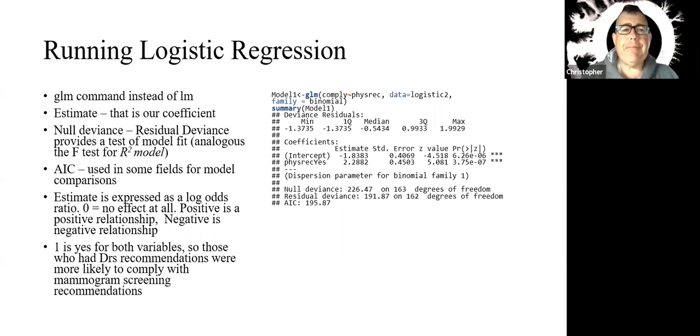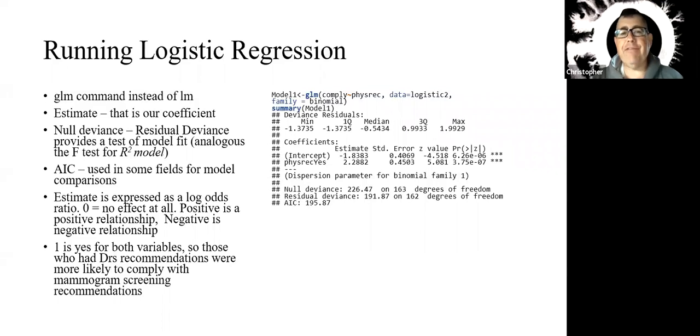With the log odds ratio, 0 reflects no effect at all. Positive values reflect a positive relationship. Negative values reflect a negative relationship. So this is telling us that there's a positive relationship between physician's recommendation and compliance. Both of the variables are coded 0 for no, 1 for yes.